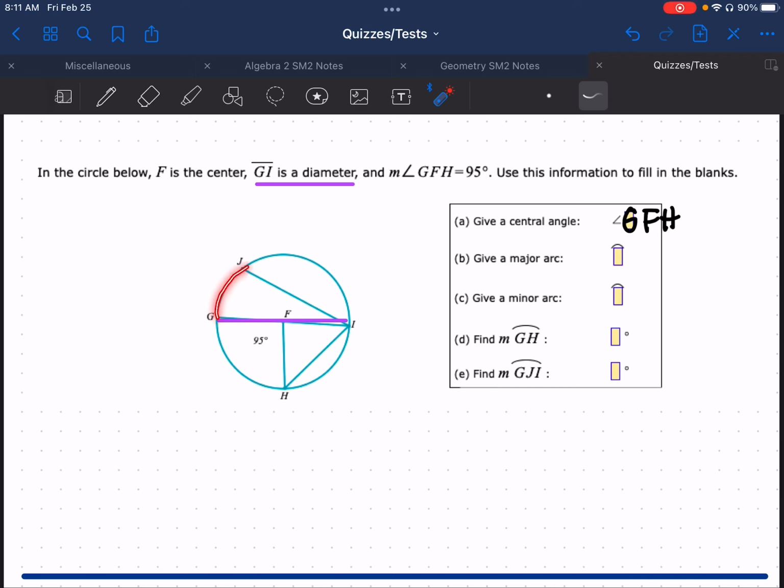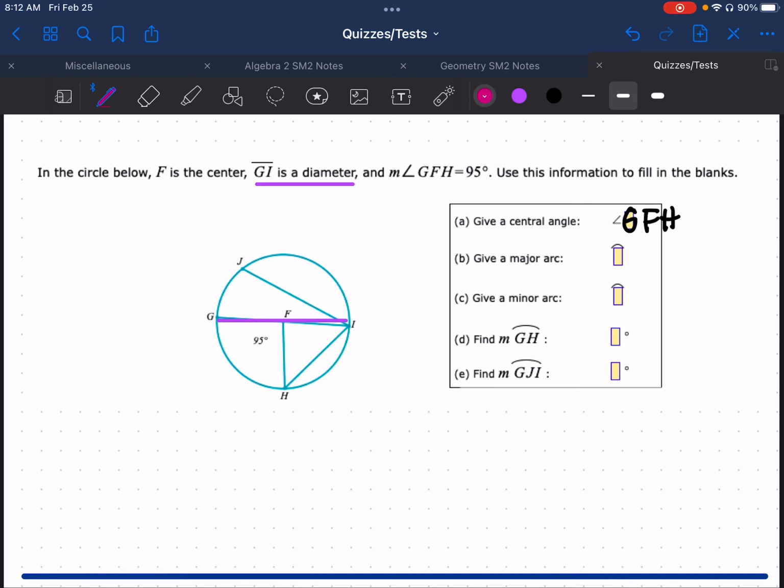Say if I want to go the top, I would go here and maybe I would stop right at H. I would call this G, J, H because I have to tell you which direction to go. If I had chosen to go this way, I would stop at J, and I would call this one G, H, J. Okay, so there's two major arcs that you could use.